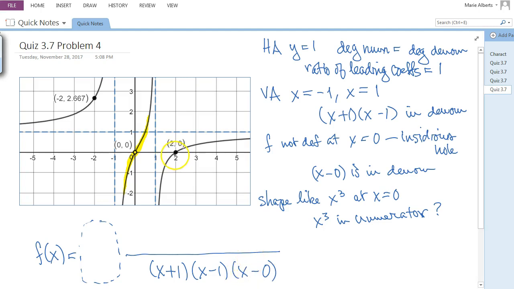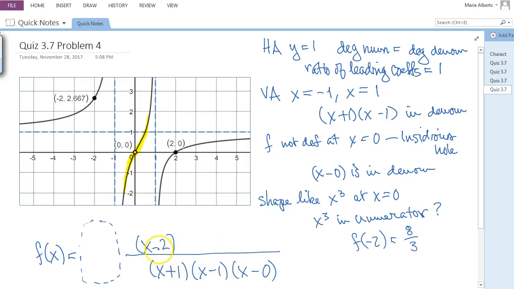I forgot to mention this 0 here. We have x minus 2 in the numerator to get that 0 there. Also, we know that f of negative 2 is equal to 8/3. That's going to come in handy somewhere.